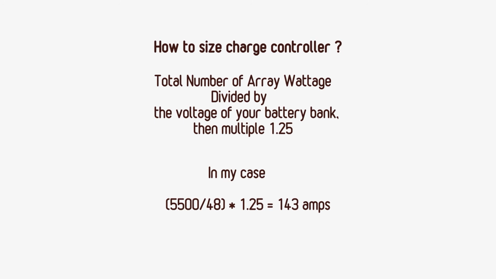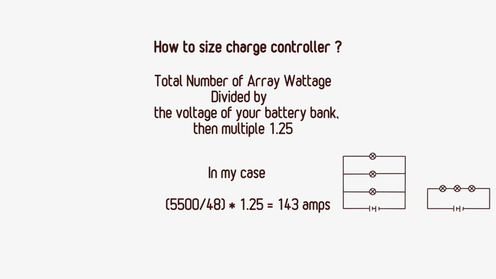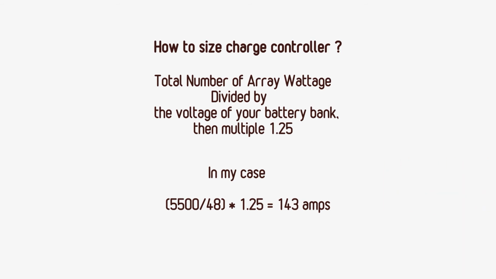Thinking about the reason for this calculation, you start with the total wattage of your solar panels. Regardless of whether you wire them in parallel or series, your wattage determines how much electricity you're taking from the solar panels and shoving into the batteries, right?